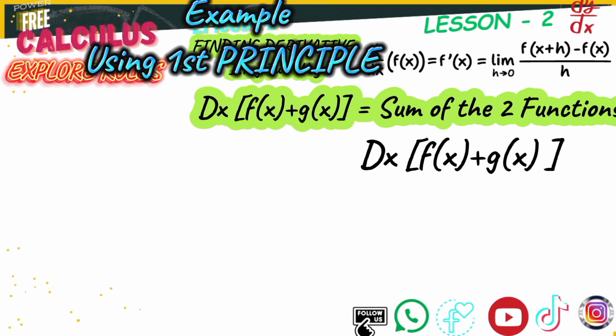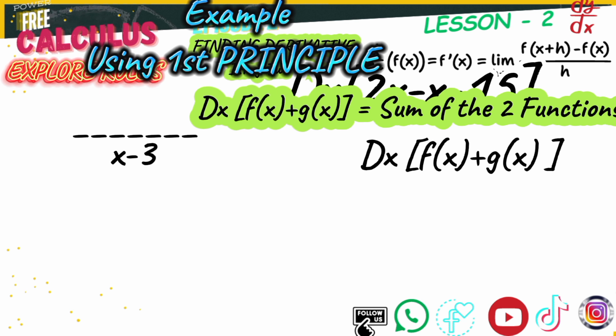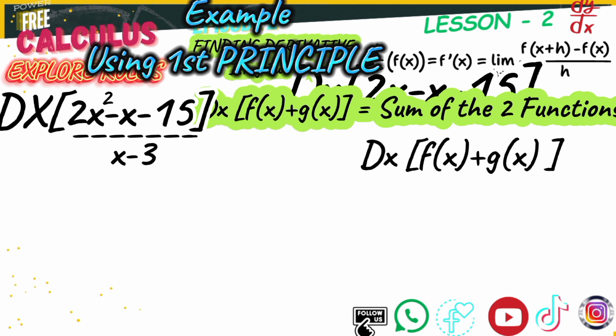So let's say we are given this example here. Find the derivative of dx, where we are given 2x squared minus x minus 15 over x minus 3. So the first thing you should know is that you cannot differentiate if you have a denominator.